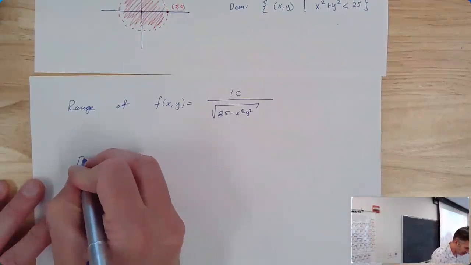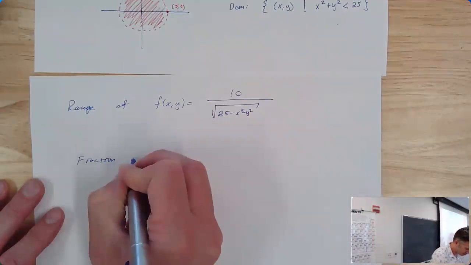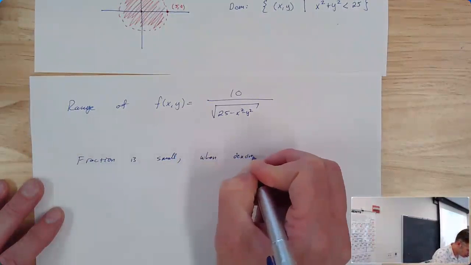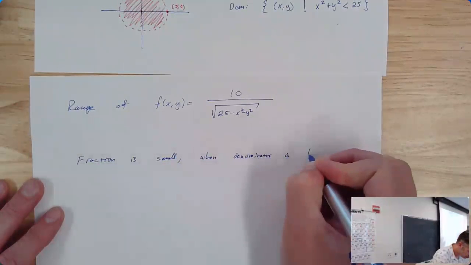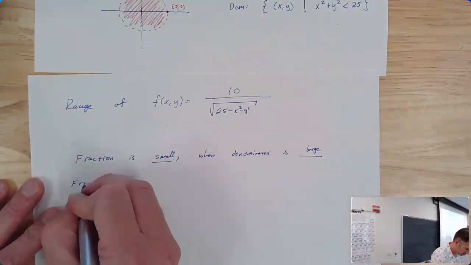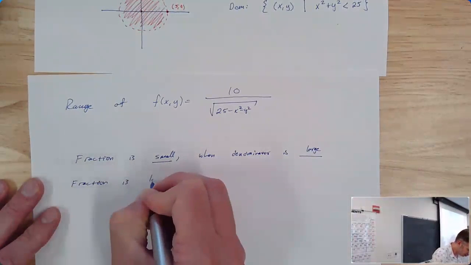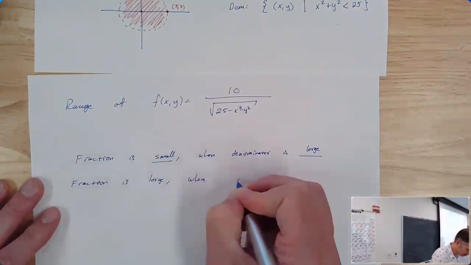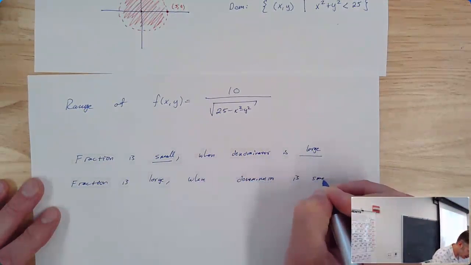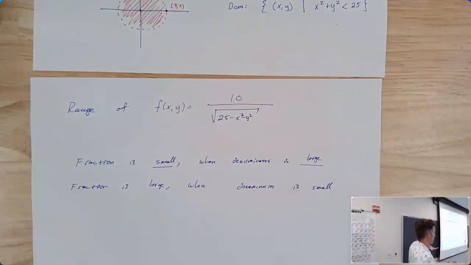The fraction is going to be small when the denominator is large, and vice versa: the fraction is going to be large when the denominator is small. I'm thinking about this because for this particular expression, my denominator is the thing that's variable, and my numerator is just 10. But my denominator can get large or small.